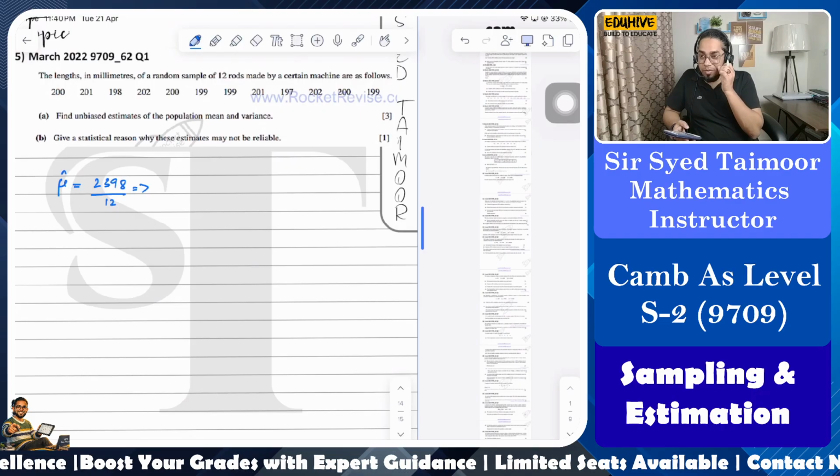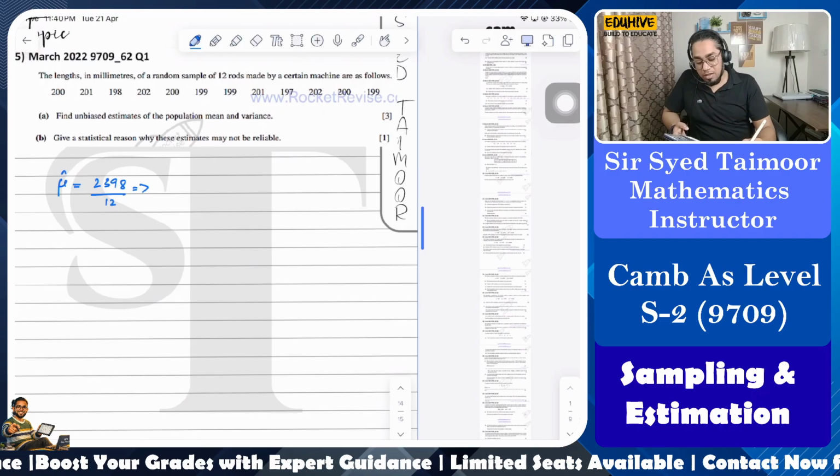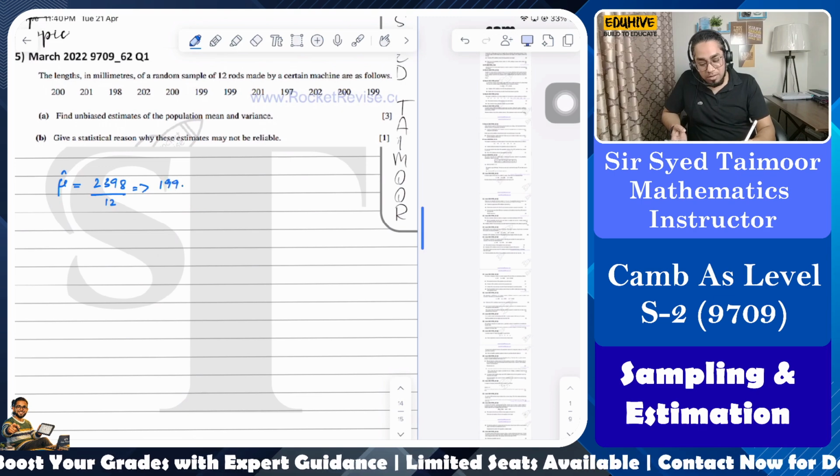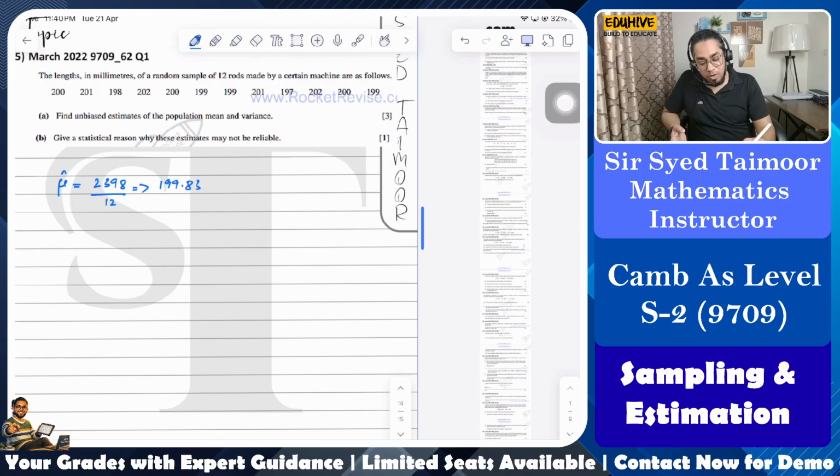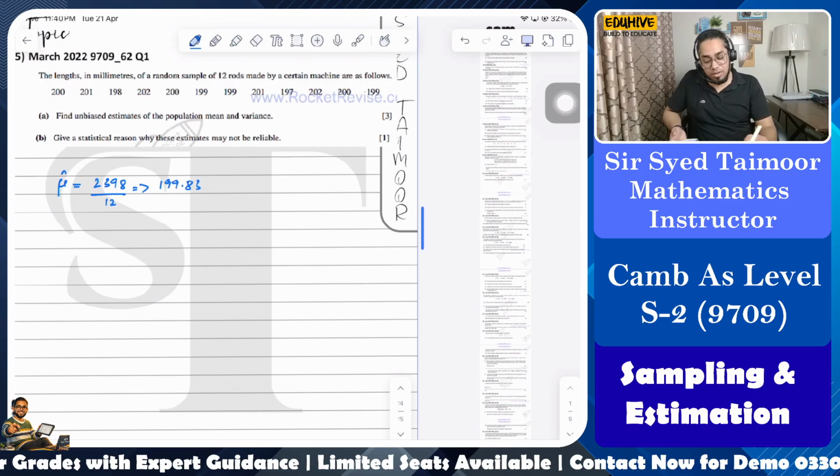The estimated mean I am getting is 199.83, and it's again like this, a recurring. Okay, and if I have to use, I will use this one.